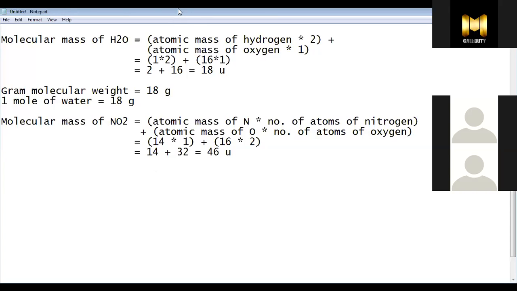So 1 mole of NO2 will correspond to how many grams? 46 grams. Yes, 46 grams. Now we go back to our presentation.